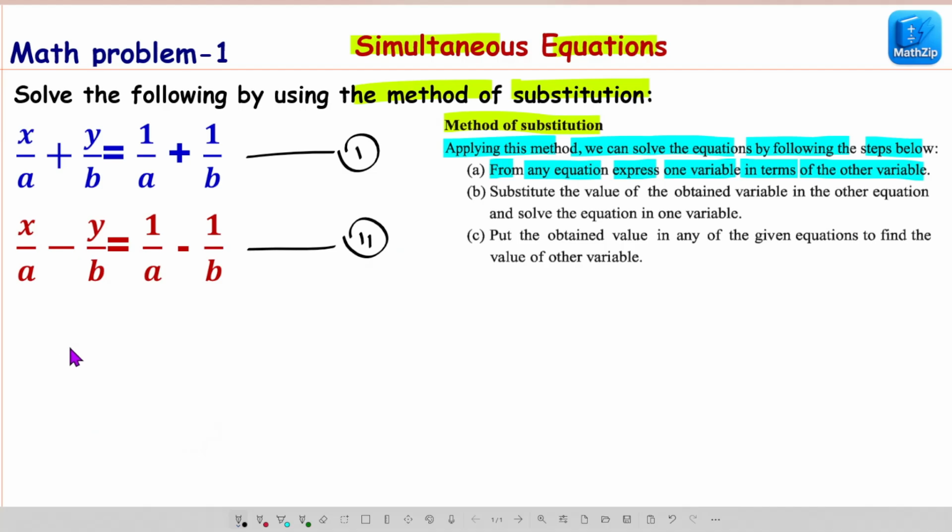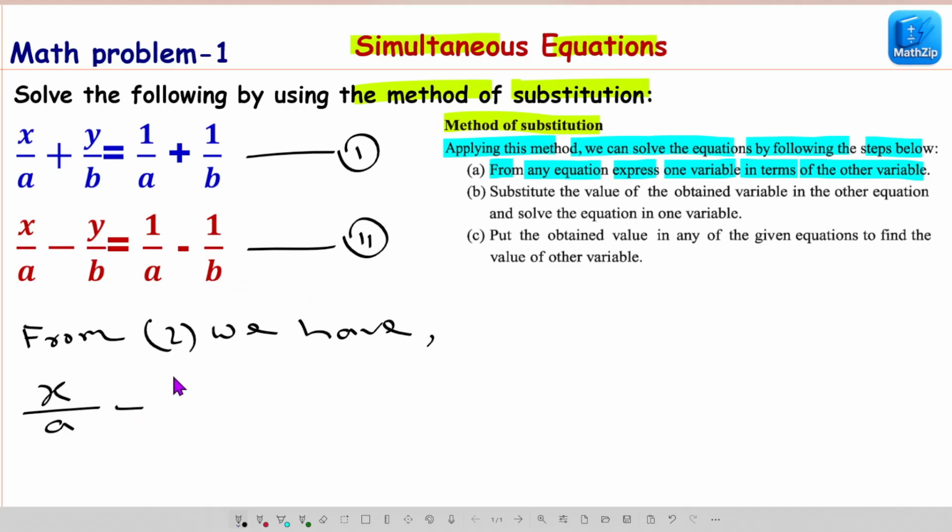Okay, so first from equation 2, we have x by a minus y by b equals 1 by a minus 1 by b.